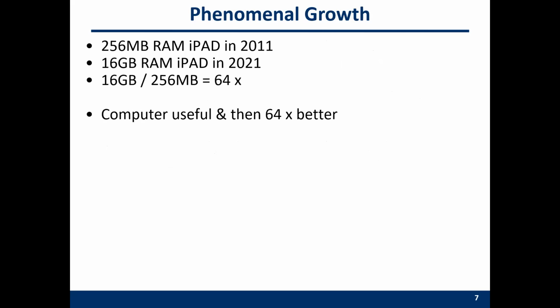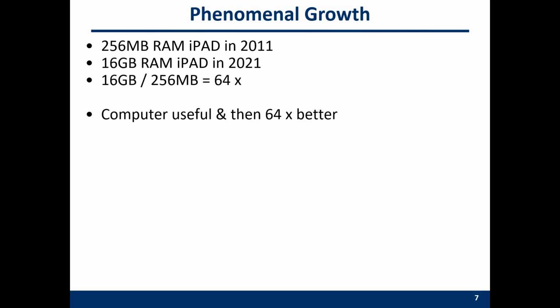So you can see that originally when the first generation iPad was released in 2011, the memory was very small, just 256 megabytes. Now I think the iPad has 16 gigabytes.